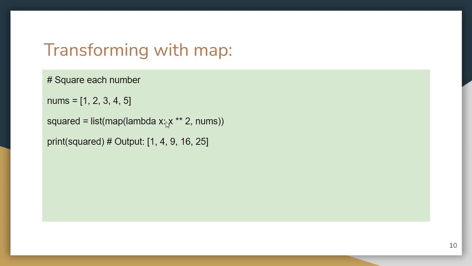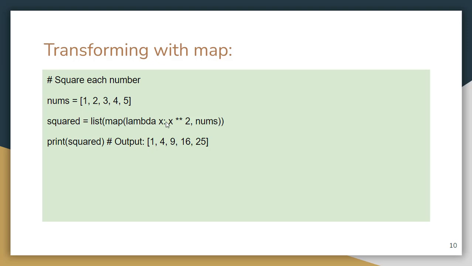Let's go to the next use case, that is transforming with map. Here we use the map function in Python, and it is used to square each number. So here is the list numbers equals to 1, 2, 3, 4, 5, and we write squared equals to list, under brackets, map.